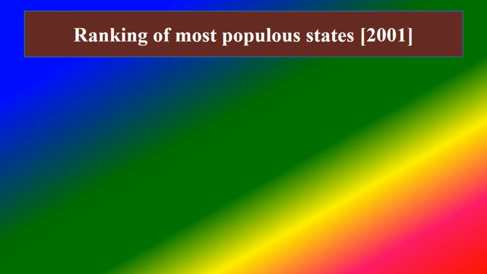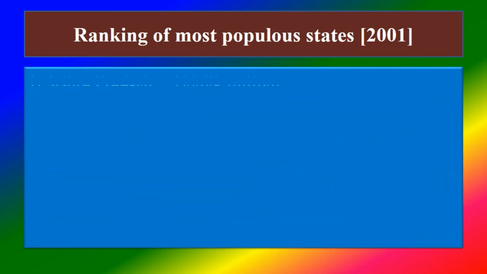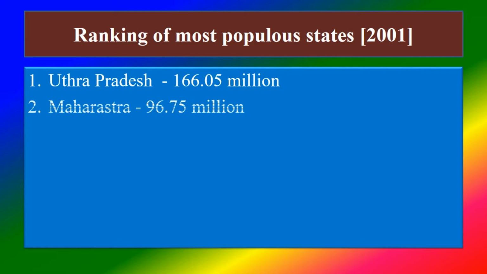Ranking of the most populous states according to the 2001 census. First, Uttar Pradesh, 166.05 million. Second, Maharashtra, 96.75 million.